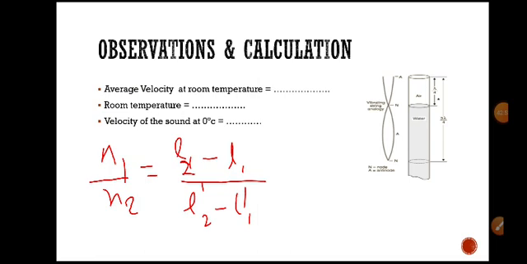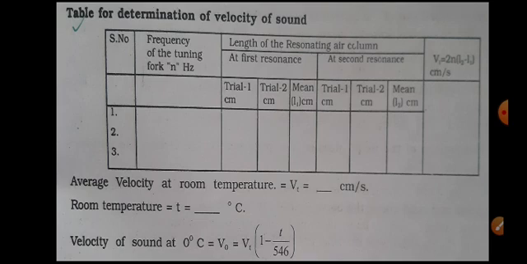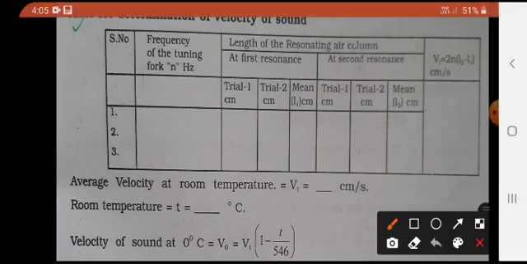An unknown tuning fork is given and you have to find out its frequency. Here you do the same experiment with the given tuning fork, which is unknown to you. In this tabular form, the frequency is unknown, that's why you take it as N.